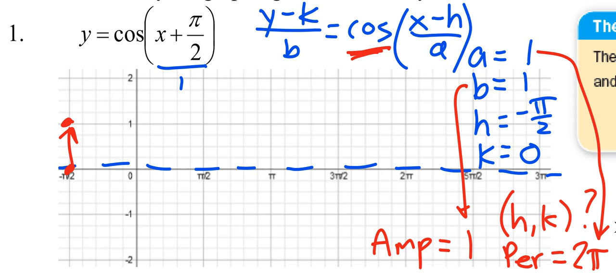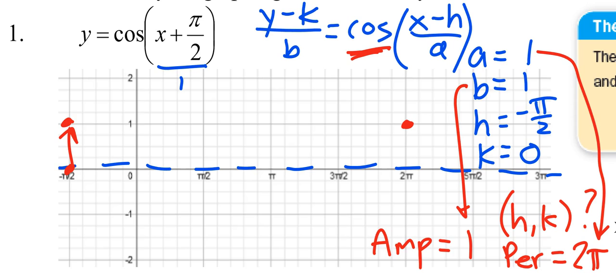2 pi. Now, I get kids that do this. Don't do what I'm about to do, but they do this. You can watch, okay? And then we will erase it because it's wrong. Tell me why I'm wrong. Because I went too far, didn't I?